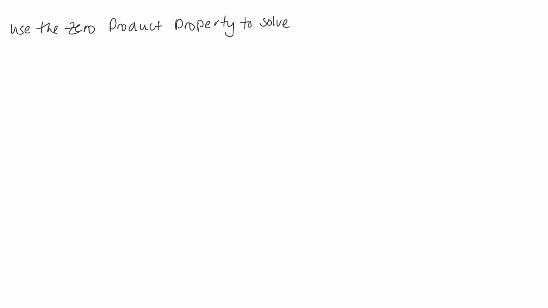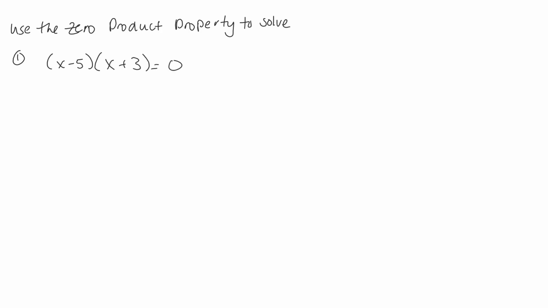Now, I'm going to give you quadratic equations that are already broken down, okay? But let's say that we have x minus 5 times x plus 3, and let's say that equals 0.